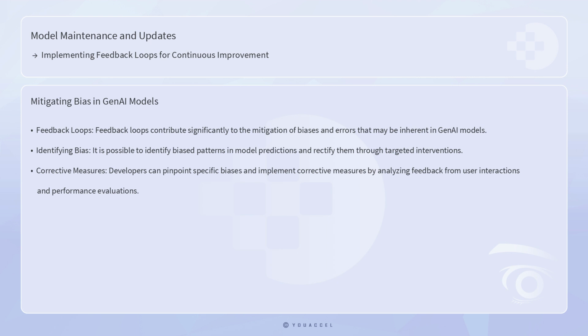Consider a facial recognition system that demonstrates racial bias in its outputs. By analyzing feedback from user interactions and performance evaluations, developers can pinpoint specific biases and implement corrective measures, such as augmenting the training dataset with more diverse examples or refining the model's feature extraction algorithms.